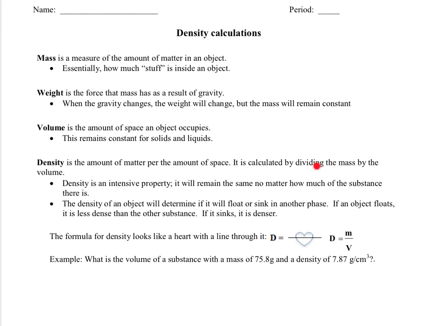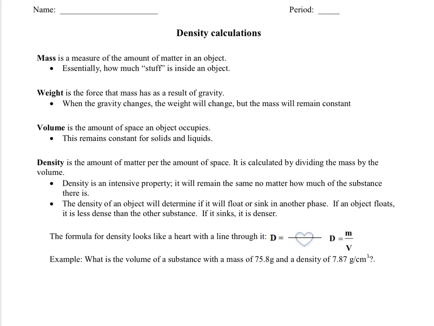You take the mass divided by the volume. As long as you're keeping it at the same temperature, density should not change. Whether you have a cup of water or a bucket of water, the density of water is 1 gram per milliliter at room temperature. That never changes, whether you have a lot of it or just a little bit.